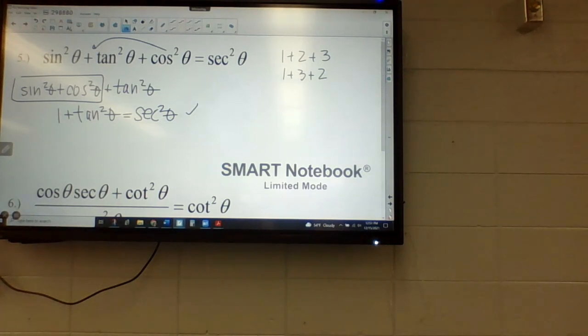Right? Sec, that should become sec 1 over cosine. It turns into 1 right when this cancels. For this one, it'd be sine over sine, so it'd become 1. So it's going to end up canceling.